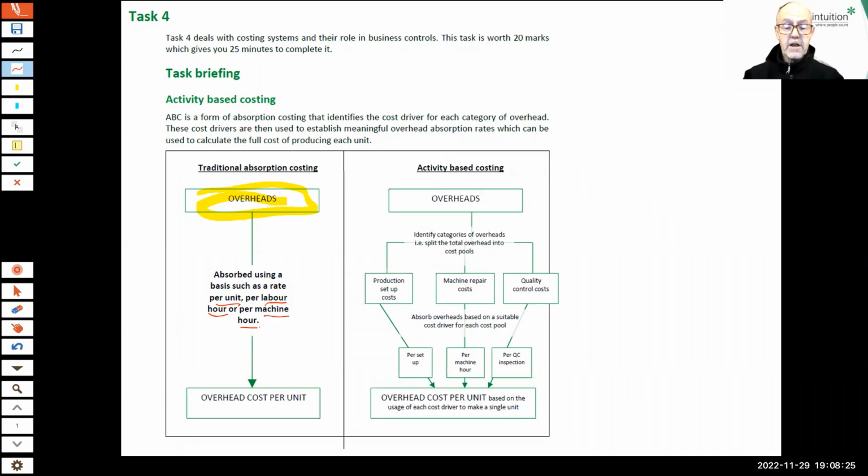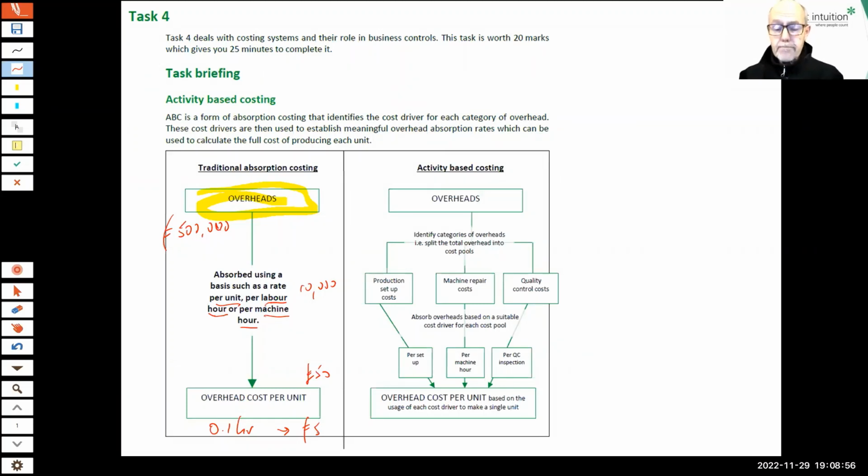And out of that, if we've got total overheads of £500,000 and whatever our basis is, we've got 10,000 of, well, that would give us £50, say it's per hour, and if a unit took 0.1 of an hour to make, would give us a charge of £5. Isn't that easy? And that's why traditionally that's what we always did.